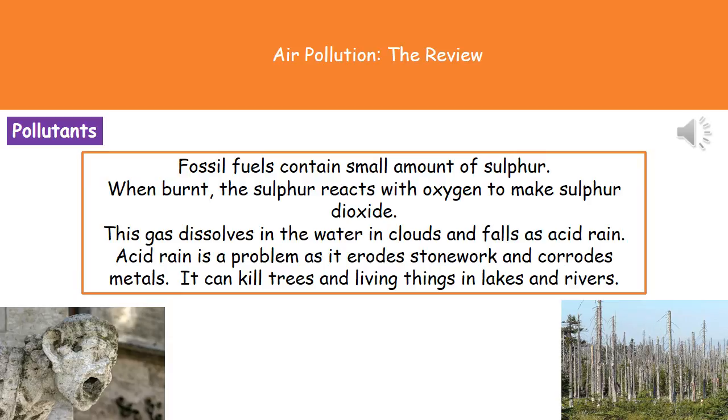And if it accumulates in lakes and rivers, we can end up changing the pH there to a significant degree, so that it becomes too acidic for things like our fish to live there. And so we can see entire lakes of fish dying as a result of it becoming too acidic for them as a result of acid rain.